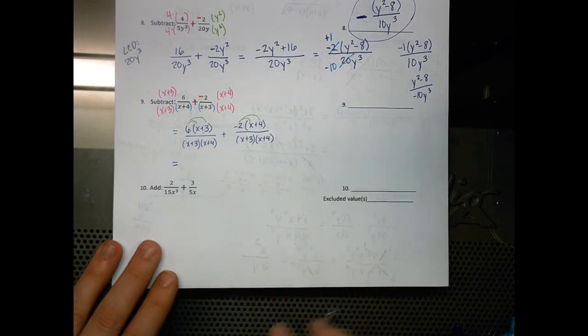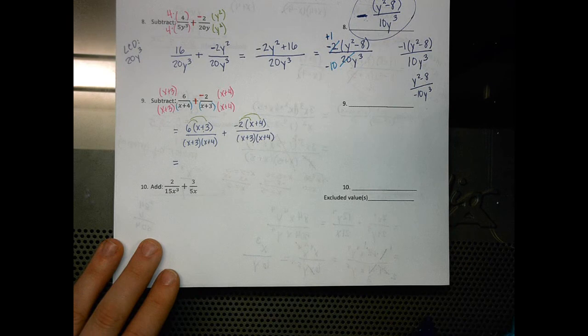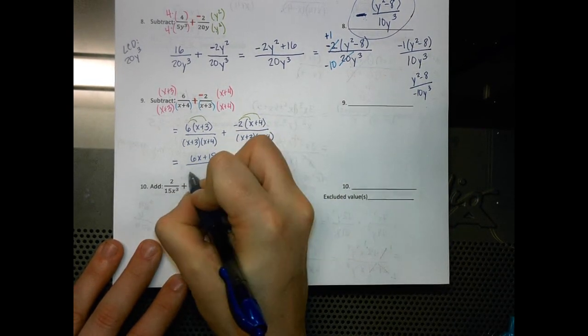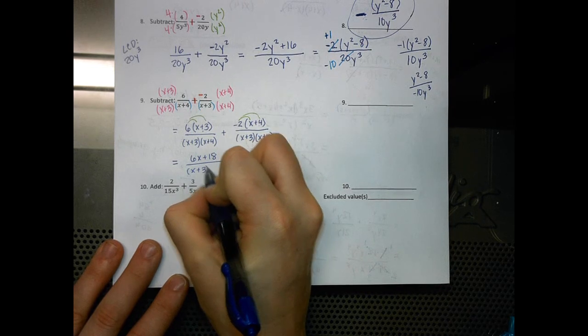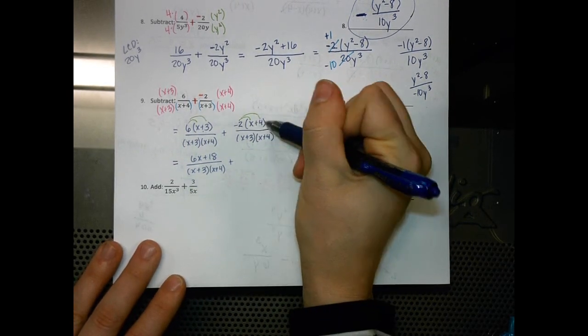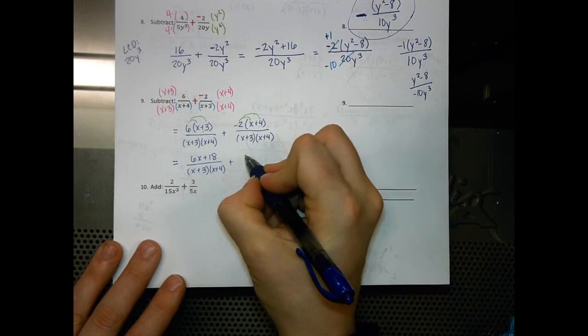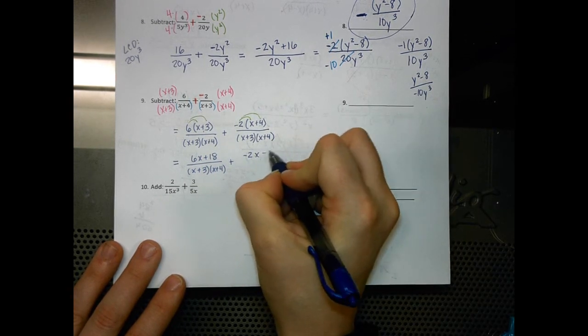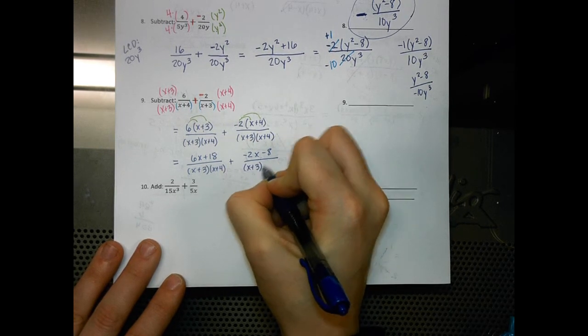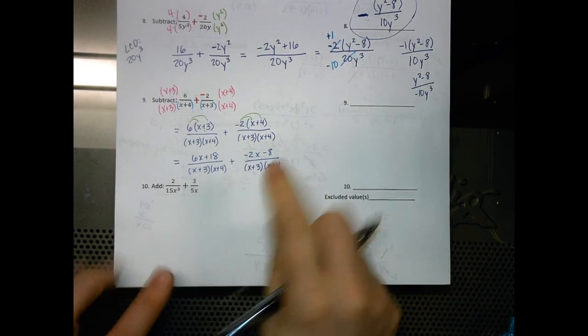What is 6 times x plus 3? 6x plus 18. Good. What's negative 2 times x plus 4? Negative 2x minus 8. Good. Now my denominators are still the same, but now I have like terms in my numerators.